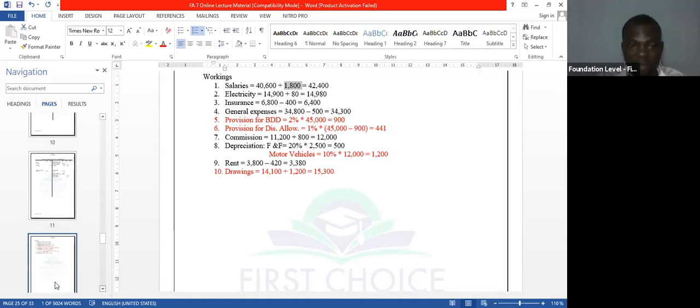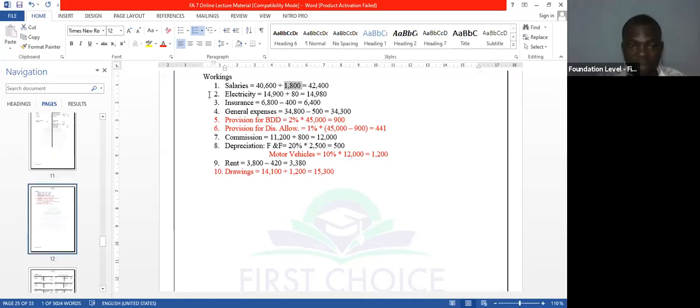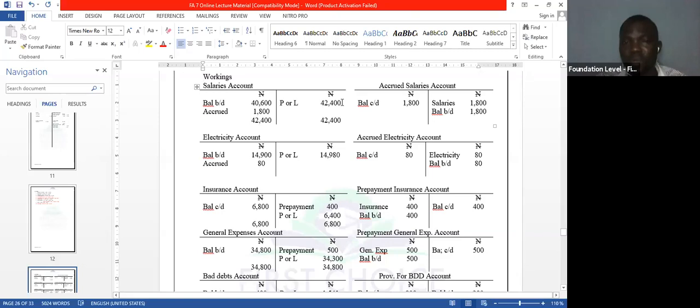In your salary account, the balancing figure that goes to profit or loss is 2,400. You just pick this figure and post it under the statement of profit or loss account. Accrued salary is a current liability. You look at the balance carried down, or the balance brought down, which is 1,800. That 1,800 is what shows under our statement of financial position. So either of the workings you do, you are good.